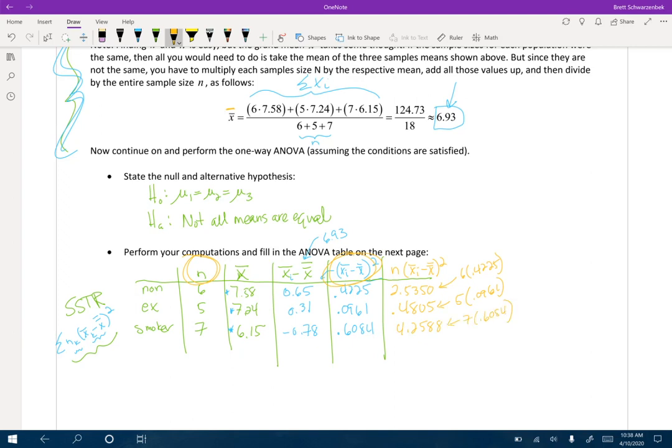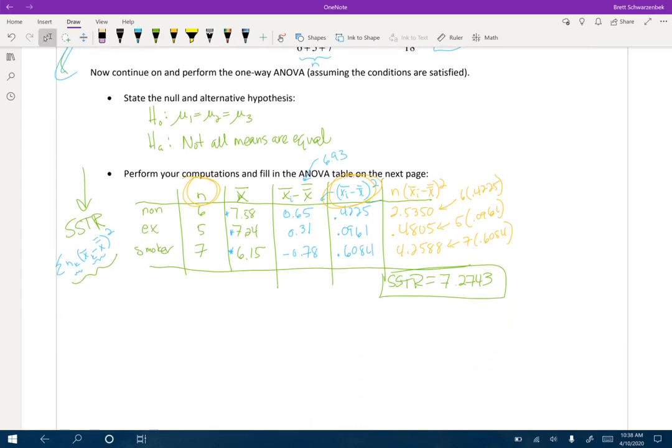Okay, so what was the point of all of this? Well, you've already done this before, so hopefully this is understood. The value that you get is SSTR, which is the sum of this column, which is 7.2743. So the whole point of the SSTR table is to find the SSTR value, which is 7.2743.